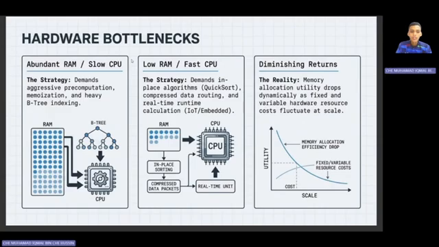Low RAM and fast CPU demand in-place algorithms like quick sort, compressed data routing, and real-time calculation, as in IoT and embedded devices. Diminishing returns in memory allocation ultimately drop as hardware costs fall at scale.